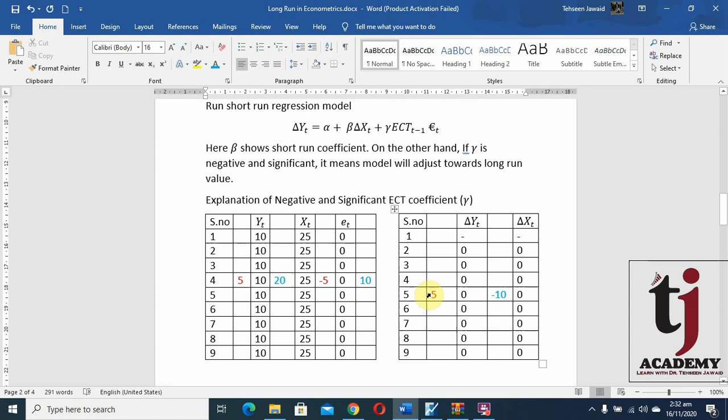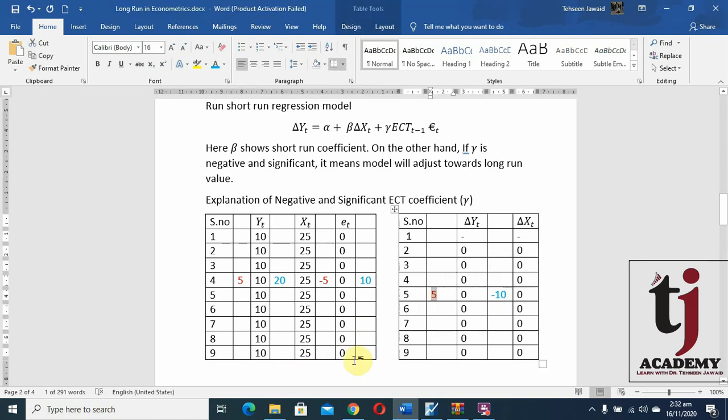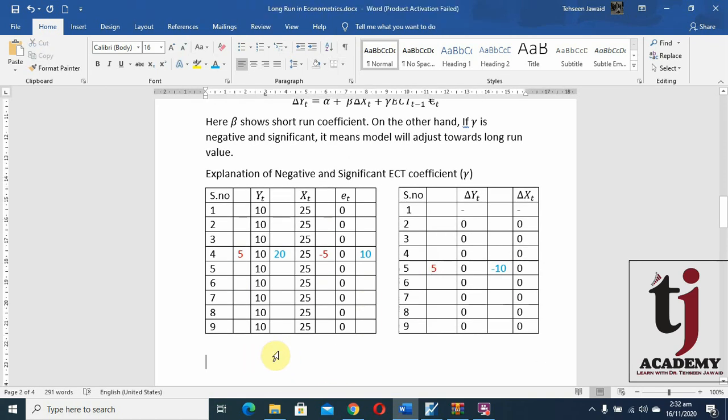So if we are trying to make this value 0, what should we do? We have to decrease it. This is the important one: we have to decrease the value 5 to 0.